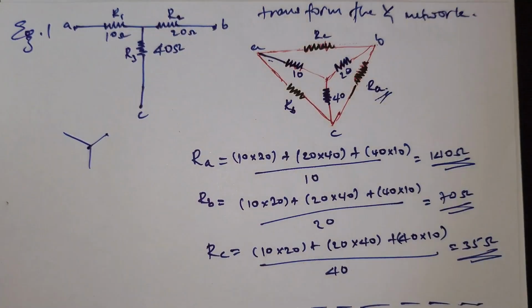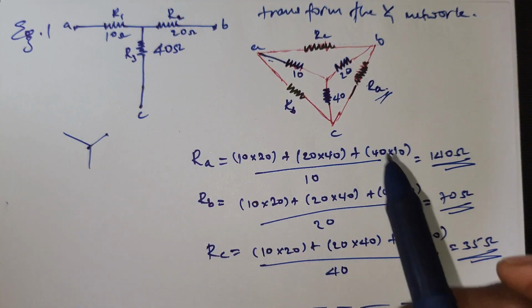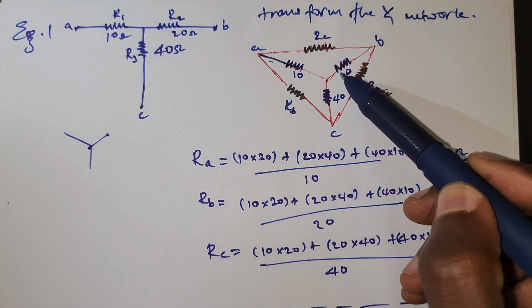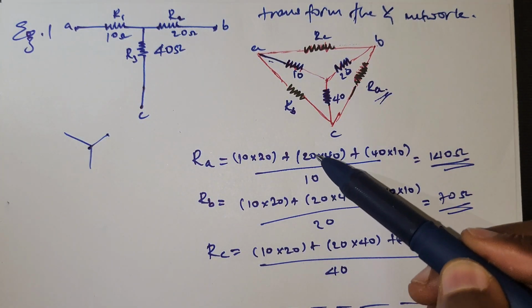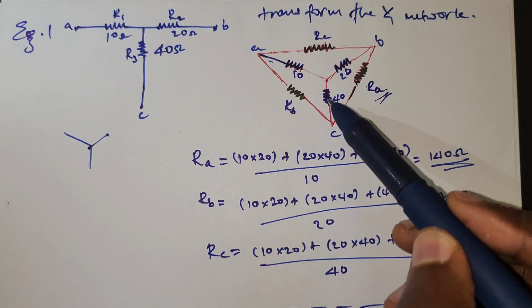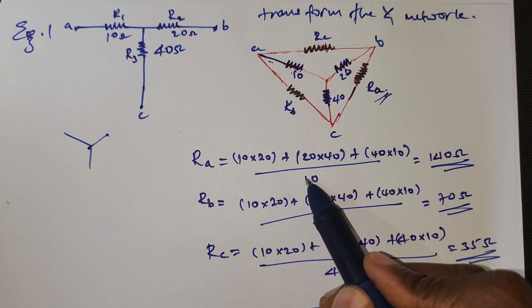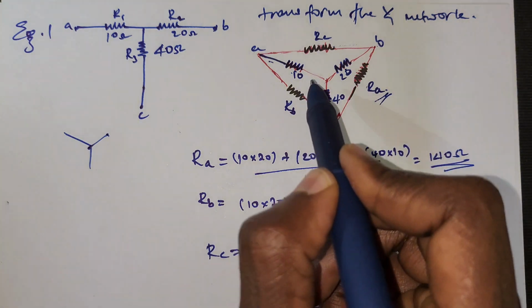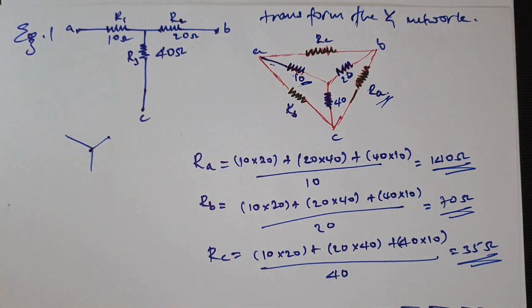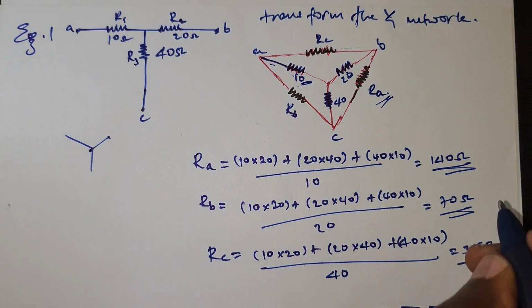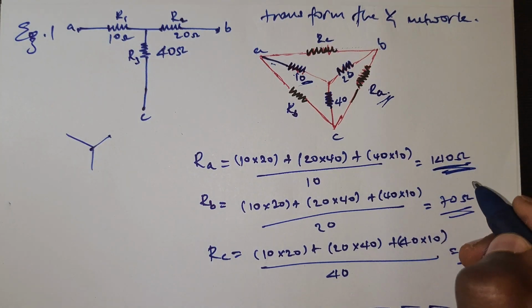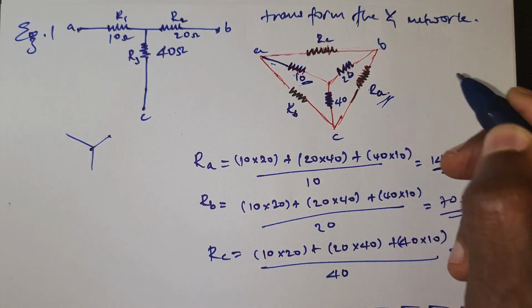So RA is 10 times 20 plus 20 times 40 plus 40 times 10, divided by the opposite resistor, which is 10. The value of RA is 140.